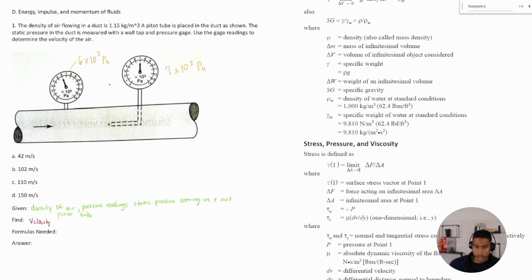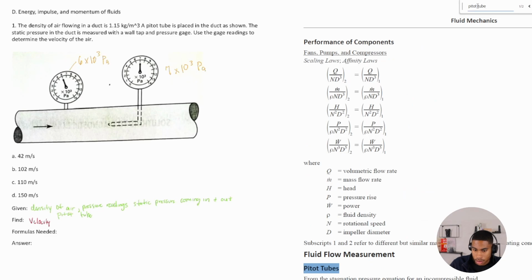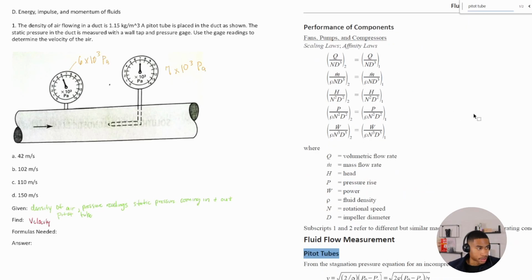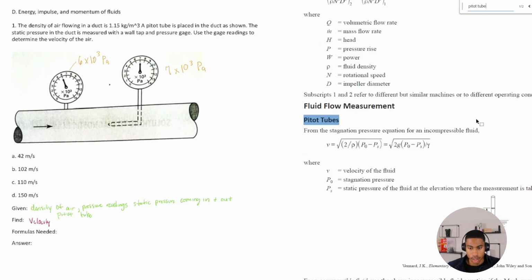All right, so let's start by just searching Pitot tube to see if we can find a formula that we can use. So I do a search. All right, Pitot tubes. Okay, so V is the velocity of the fluid. Well, in this case, it's going to be air, and then the stagnation pressure and the static pressure of the fluid at the elevation where the measurement is taken.